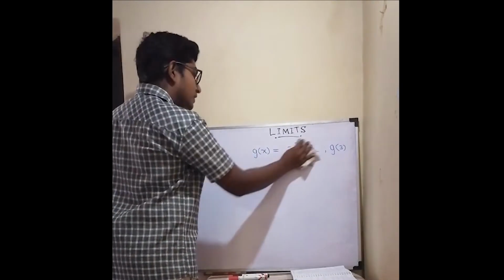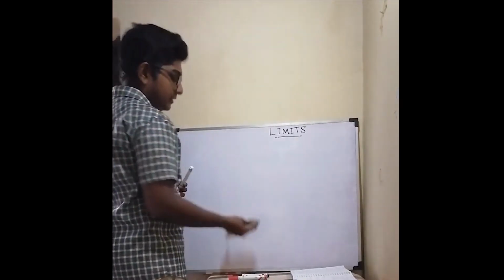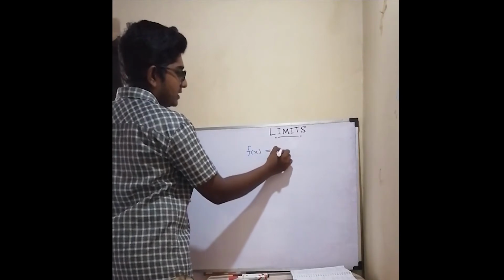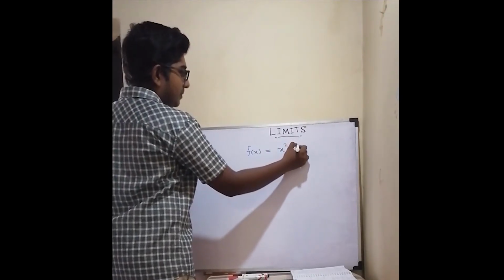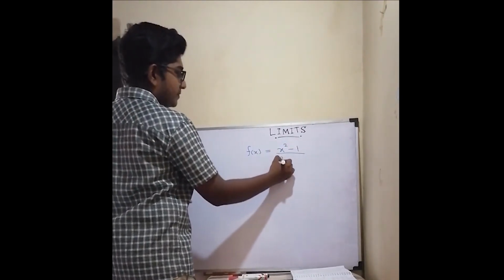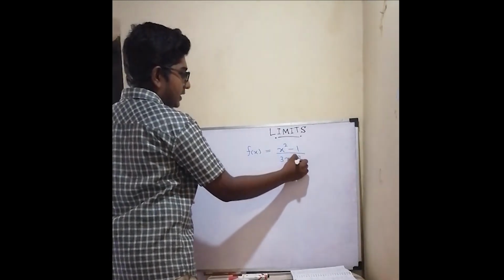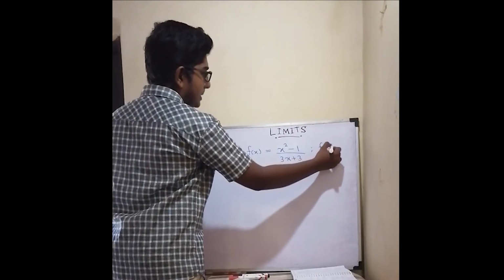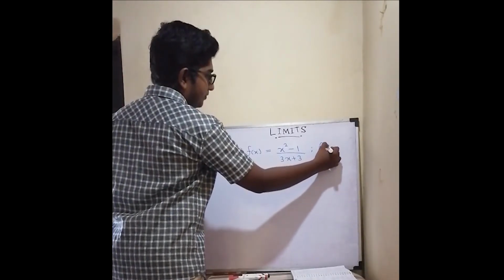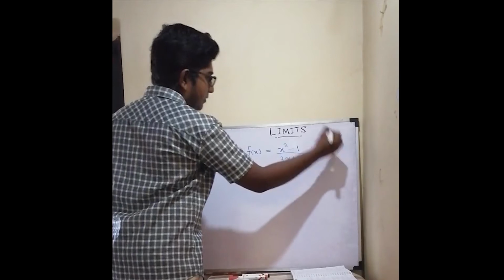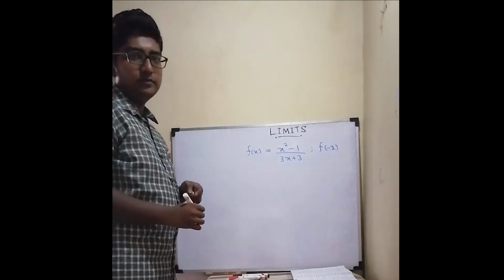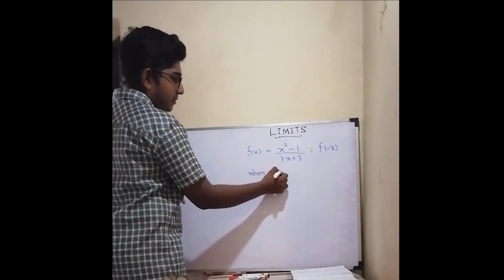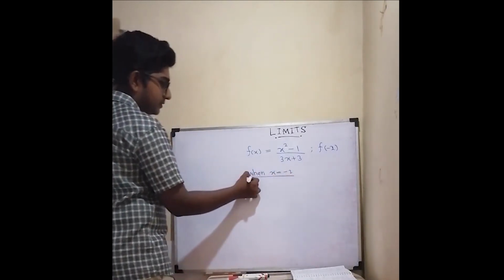Now let us take a more complex function, which is f of x equals x squared minus 1 over 3x plus 3. Then they are asking the value of f of minus 2. To find that, I have to substitute minus 2 for x.